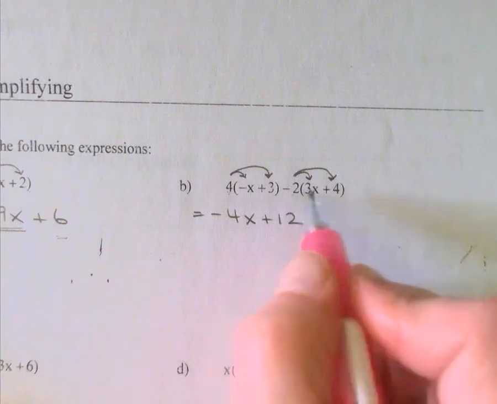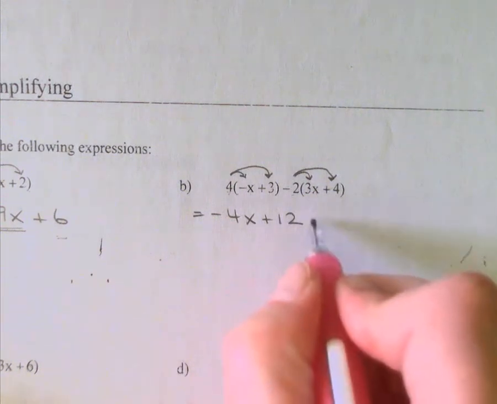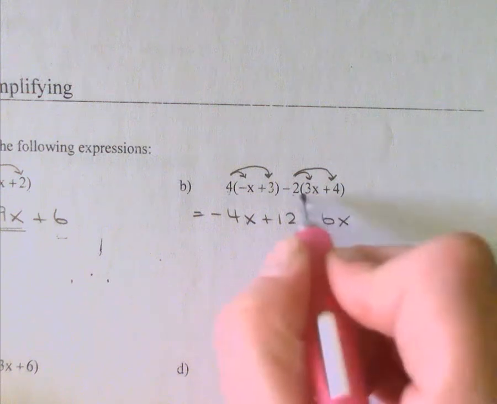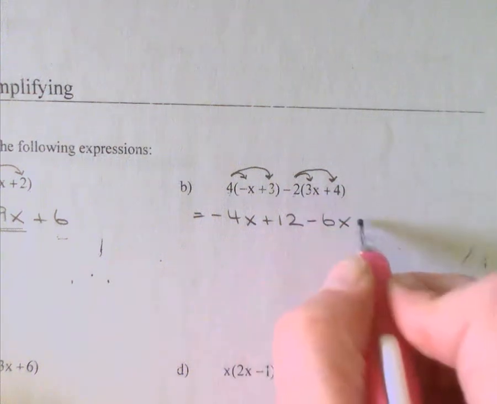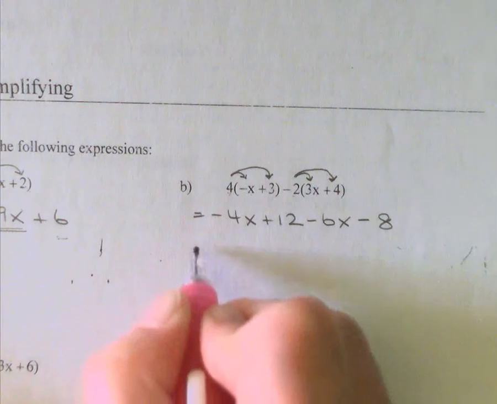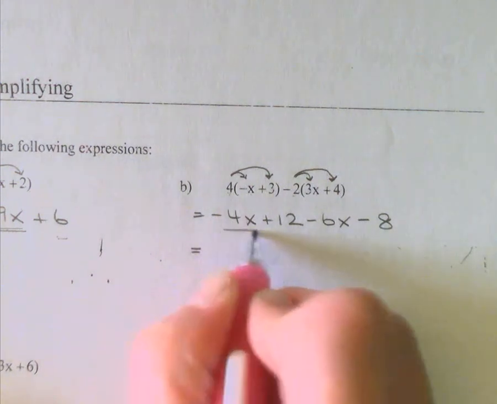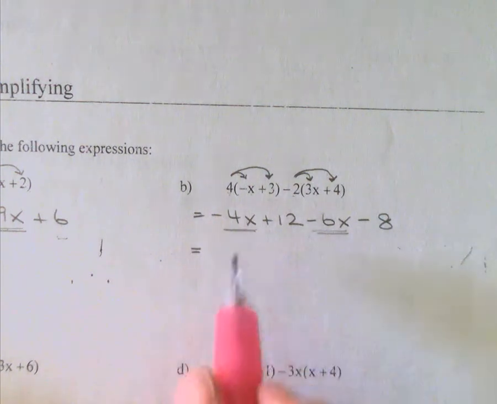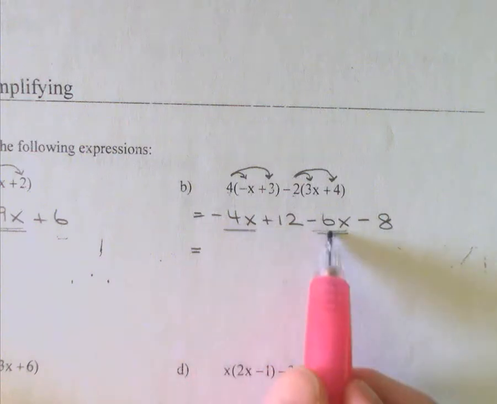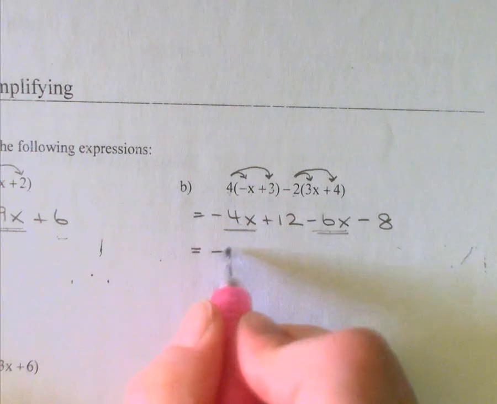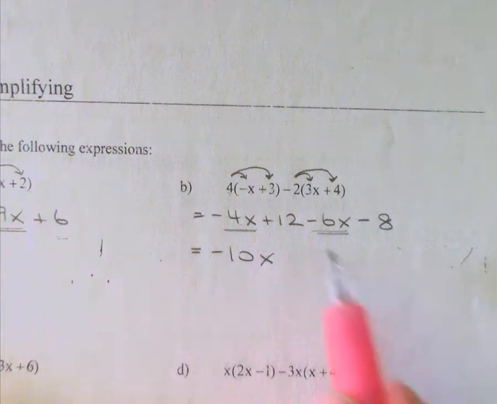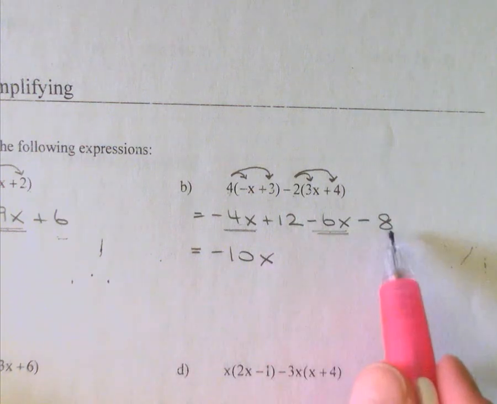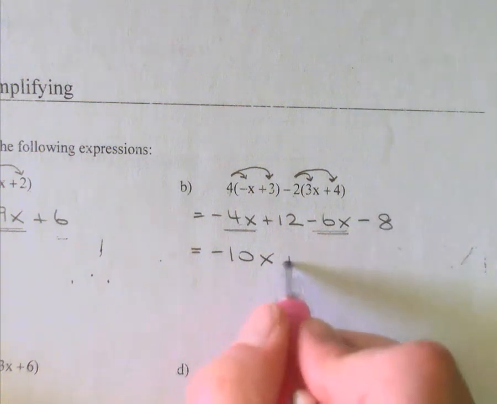So minus 2 times 3x is minus 6x, and minus 2 times 4 is minus 8. So now I have x and x. So minus 4x minus 6x is minus 10x, and 12 minus 8 is plus 4.